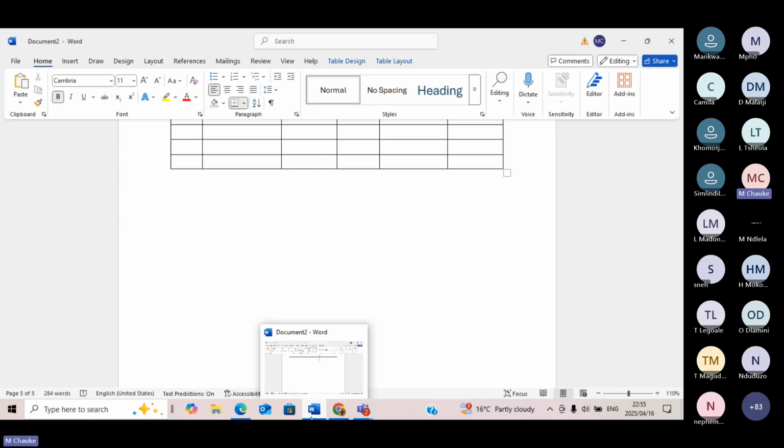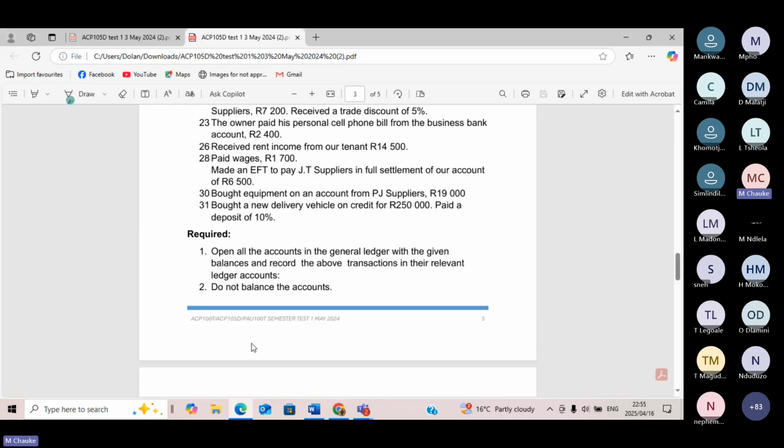The last transaction, they say we bought a new vehicle on credit for 250,000. So it means we have to create another account called vehicle.